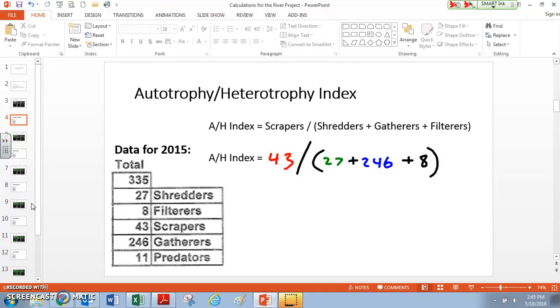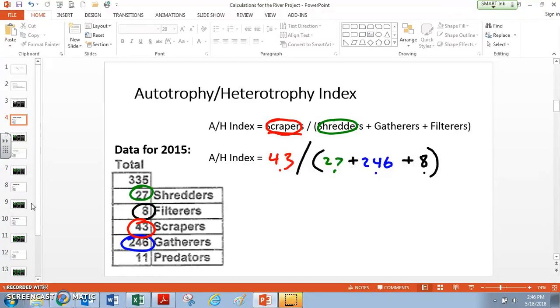I took my scrapers, those are in red here, and I put them right here, divided by the shredders. Here they are, the shredders are down here, and I put them there. My gatherers are right here, that's where I found them, and my filterers were right there. And then my scrapers were right there. So that's where I found my numbers.